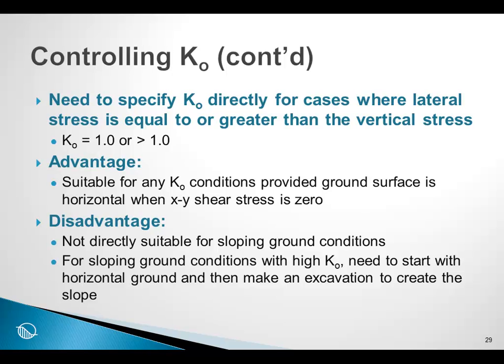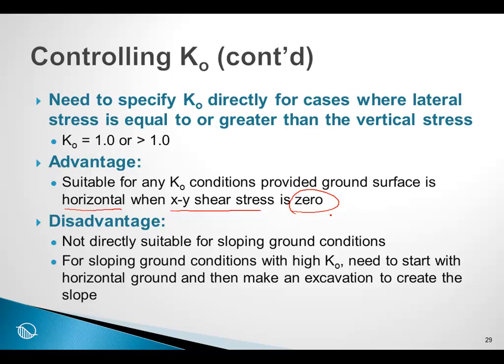The advantage is that this is suitable for any K0 conditions provided the ground surface is horizontal. And when the ground surface is horizontal, the XY shear stress is equal to 0. The disadvantage is that it's not directly suitable for sloping ground conditions.